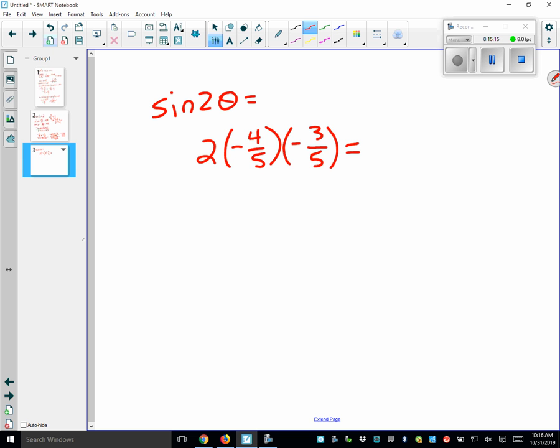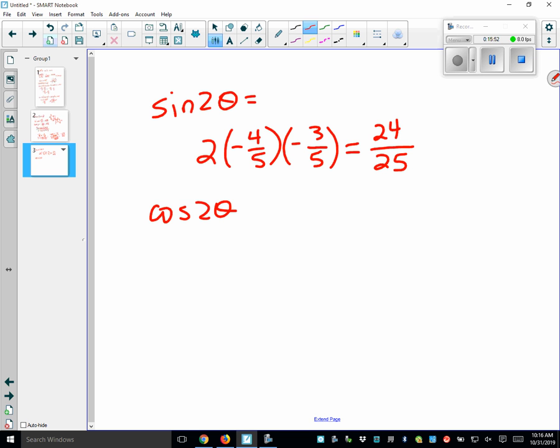So what is the answer to this? Good job. 24 over 25? Right? Everybody okay with that? What's cosine of 2 theta? Cosine squared minus sine squared. Do you know that? Judging from your faces, we don't all know that.